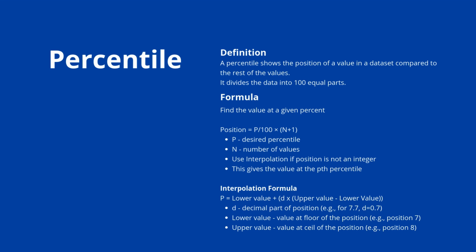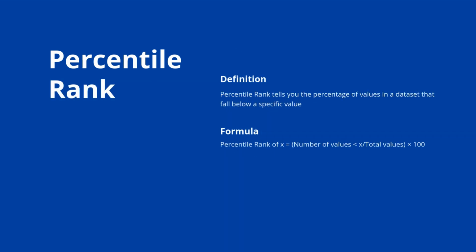Let's talk about percentile and percentile rank, two sides of the same statistical coin, but not quite the same. Percentile rank tells you the percentage of values in a data set that fall below a specific value. So instead of asking what value is at the 80th percentile, we ask what percentile rank this value has.